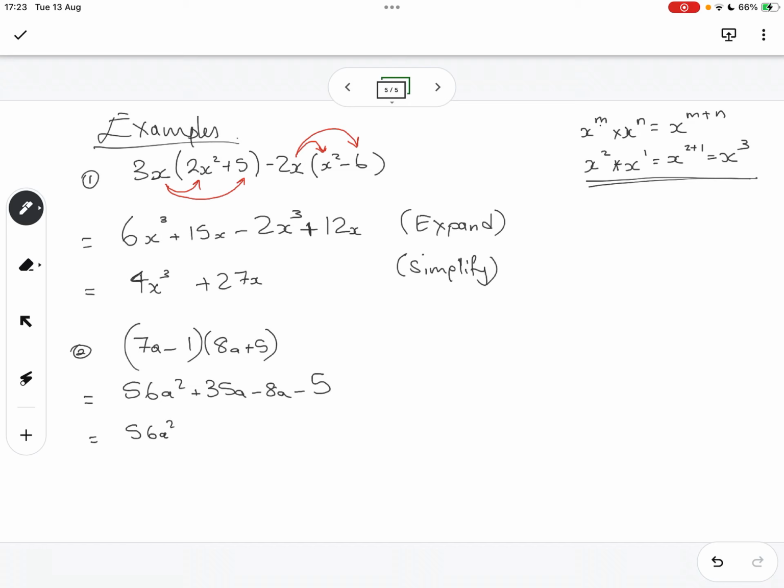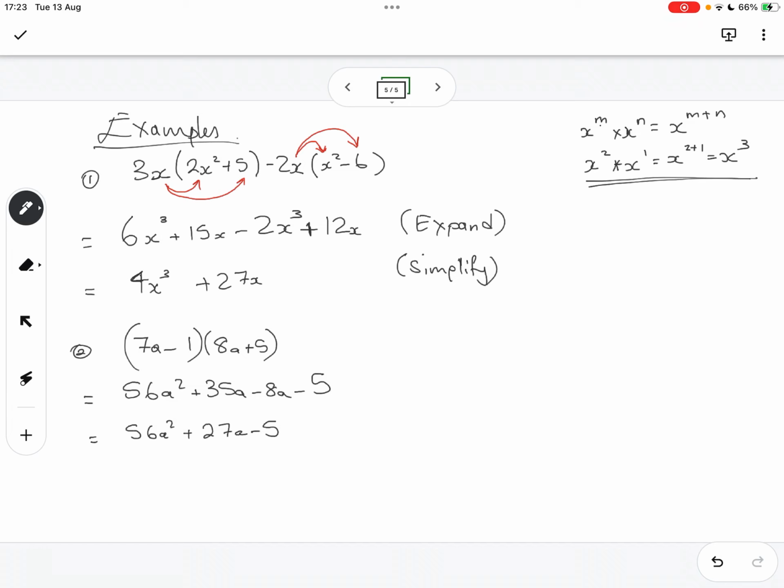Then we have to group our like terms. Then 35 minus 8 would be 30 minus 3, 27a minus 5. Is that the same answer as we get there? Yes. Okay.